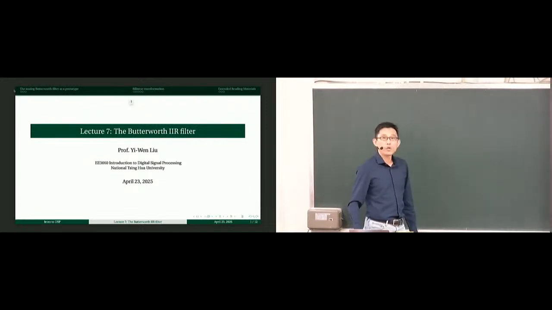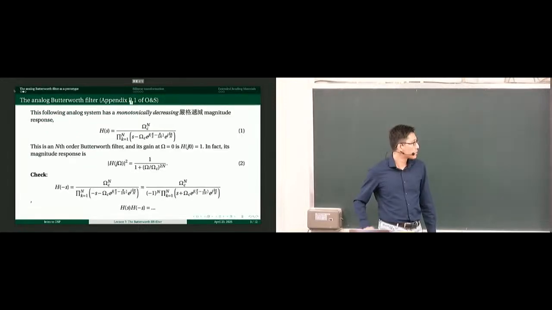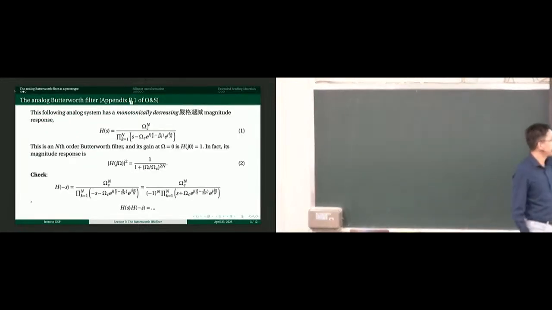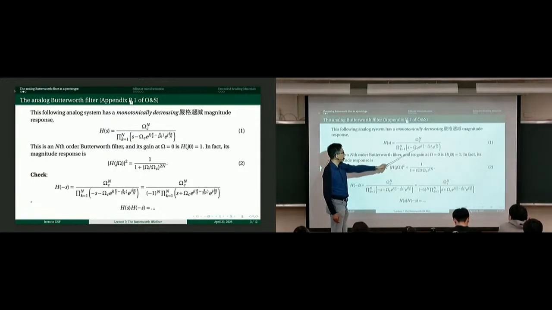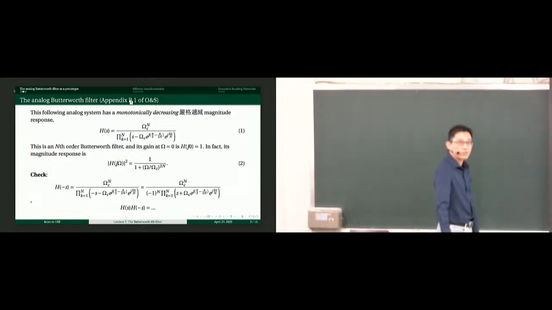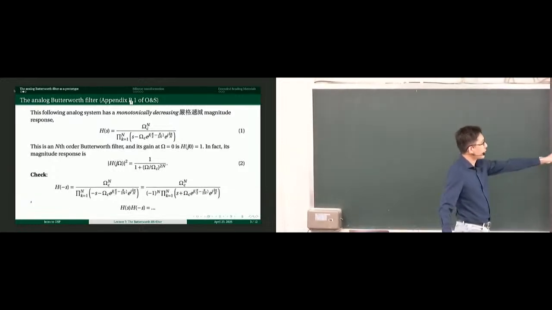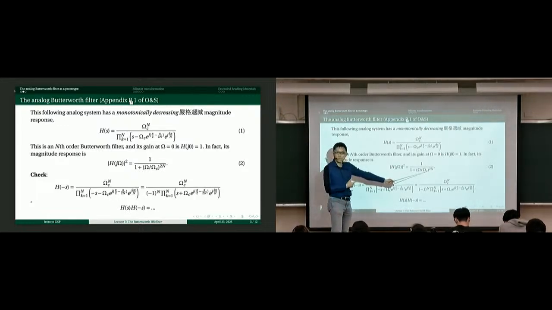Butterworth is a kind of filter which has an analog prototype, and we have seen that if you arrange a transfer function in the S domain, putting several poles around one circle, with radius omega c, in the S plane, not the Z plane yet, then the magnitude squared as a function of frequency has a very nice expression, which is monotonically decreasing with the corner frequency exactly at omega c.